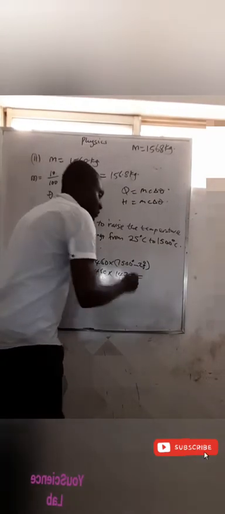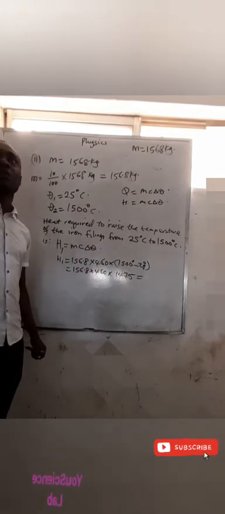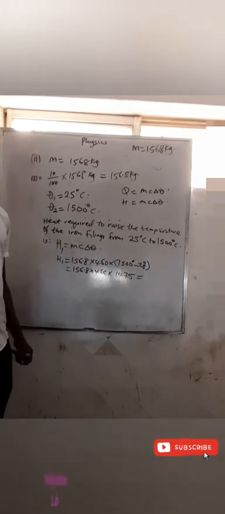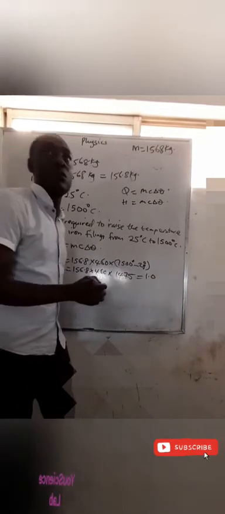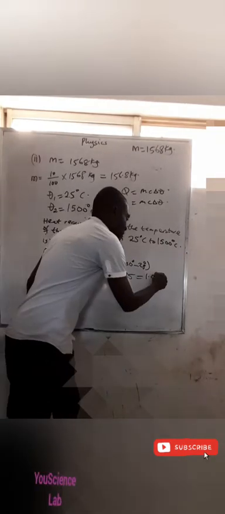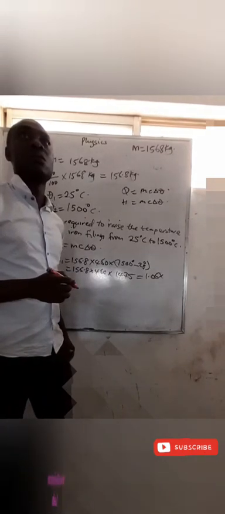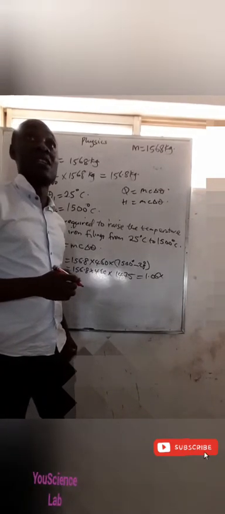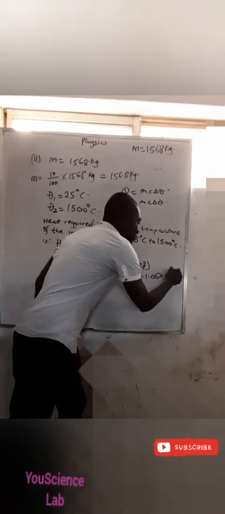Read the digit to 2 decimal places and write it in standard form. 1.06 times 10 to the power 6 joules.